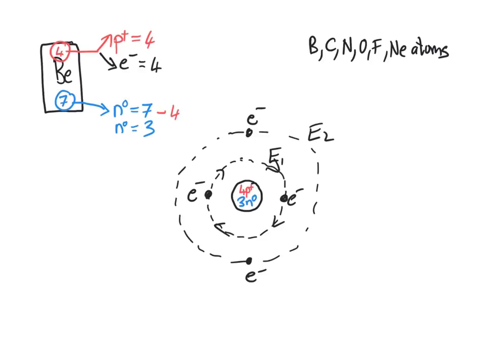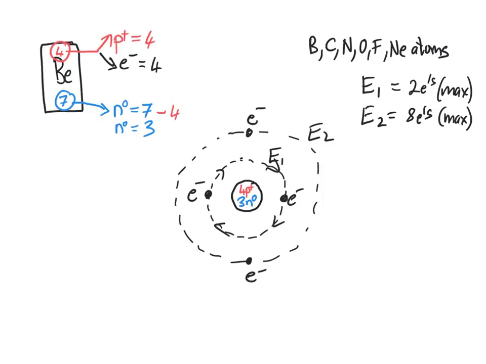But in order for you to do that, there's something you need to know, which I've yet to tell you. And that is that while the maximum number of electrons in energy level 1 is 2 electrons, in energy level 2, there is a maximum of 8 electrons allowed.